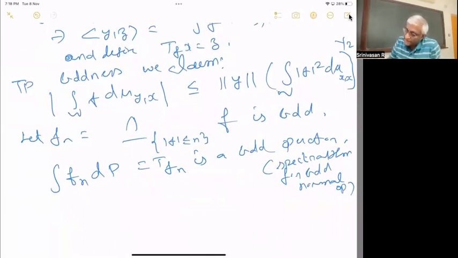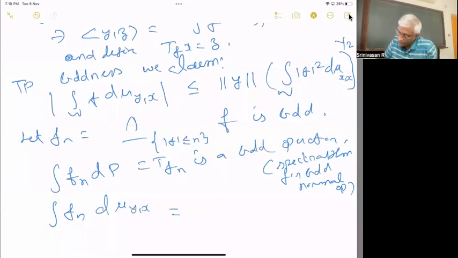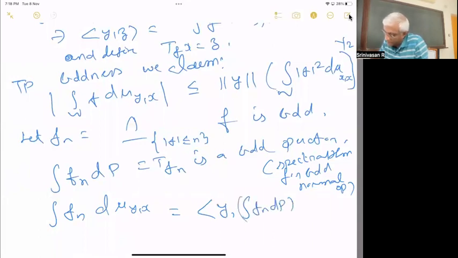And we have that the integral of fn d mu yx is actually equal to, by the definition, y of the integral of fn dp acting on x.